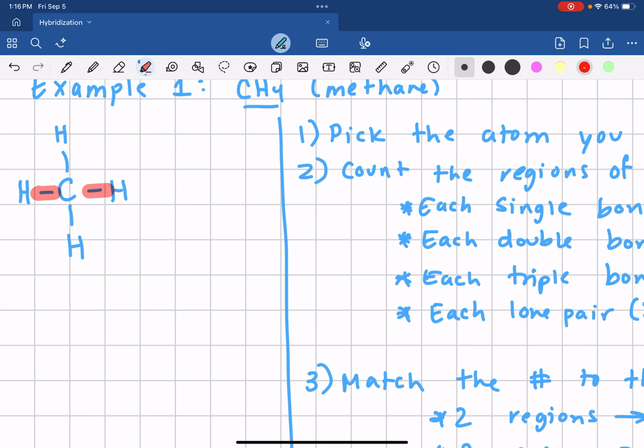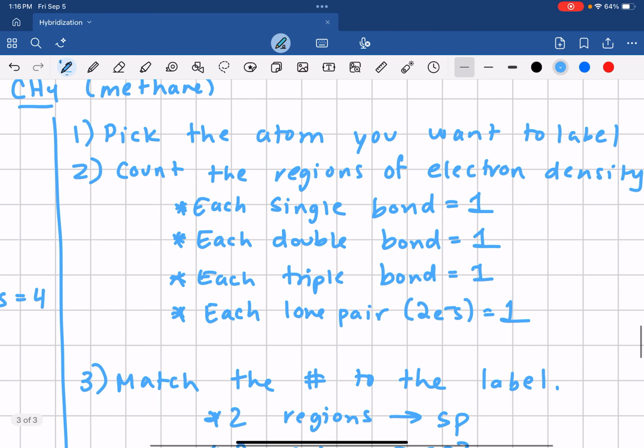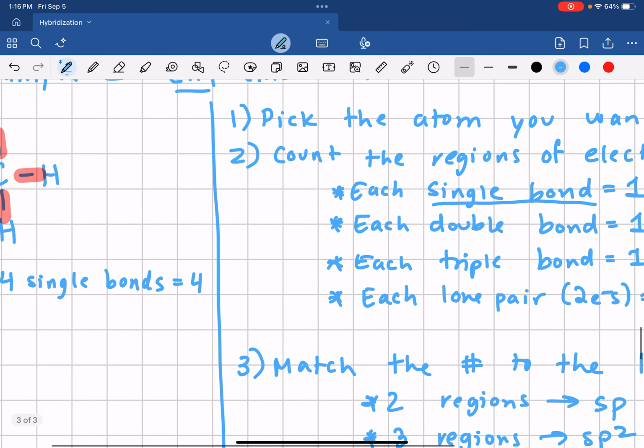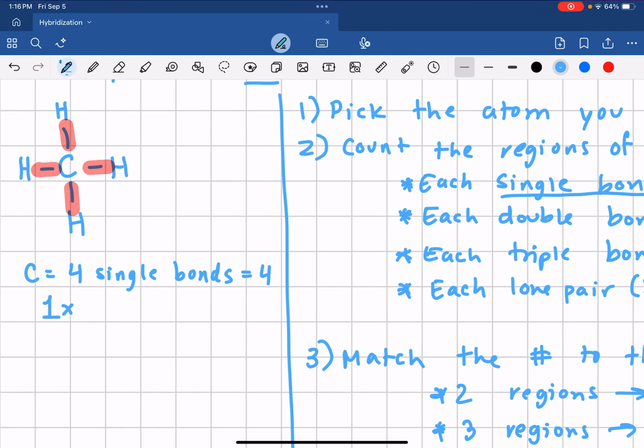4 single bonds. And remember, each single bond counts as 1. So carbon has 4 single bonds, which counts as 4 because each single bond will count as 1. 1 times 4 bonds, it'll be 4.